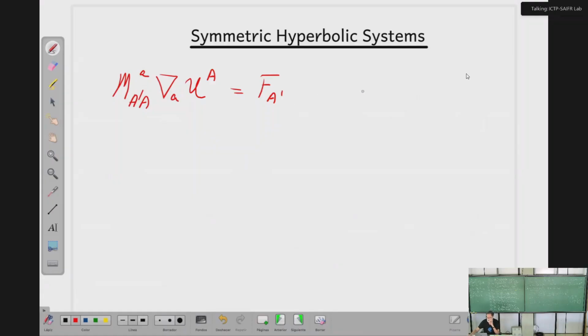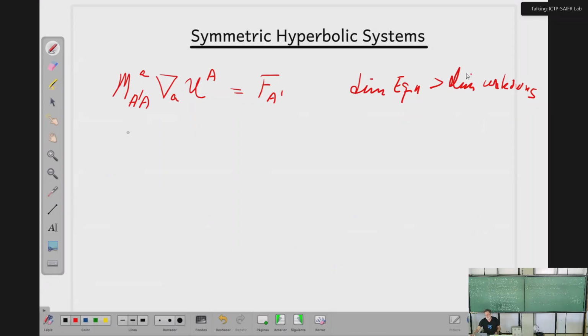In general, the dimension of the equations is bigger than the dimension of fields, unknowns. That's why, in general, we will encounter constraints.